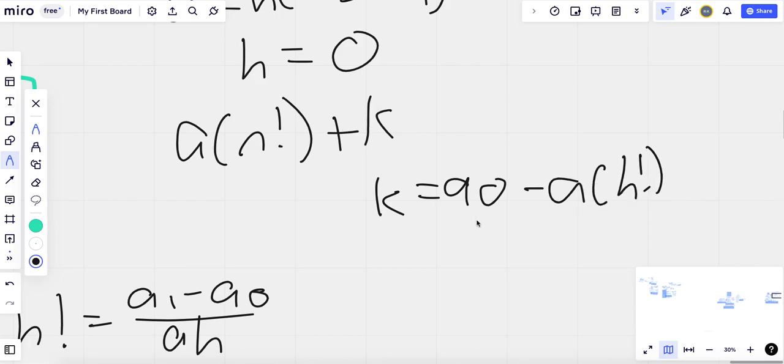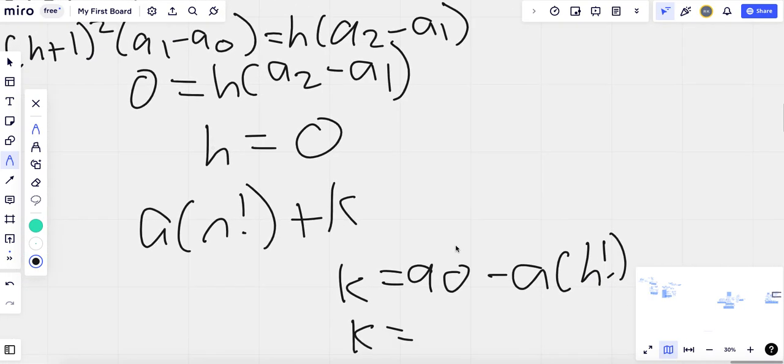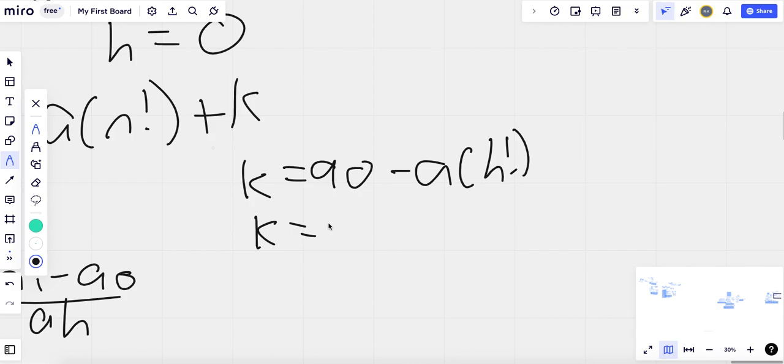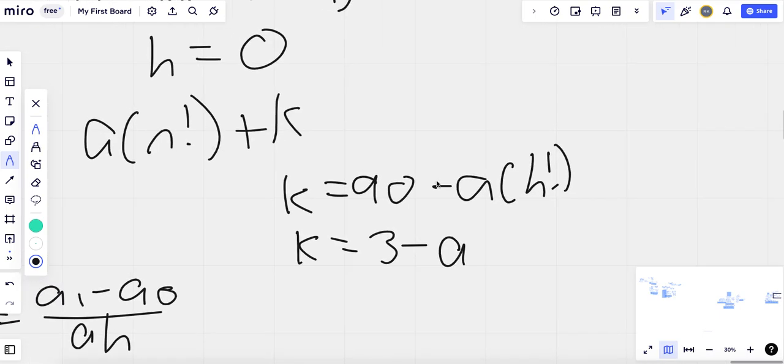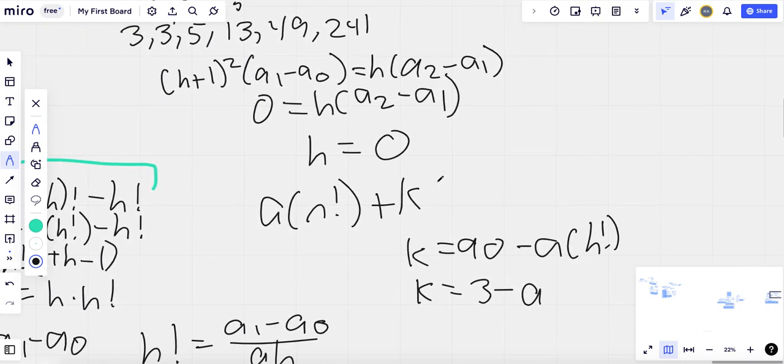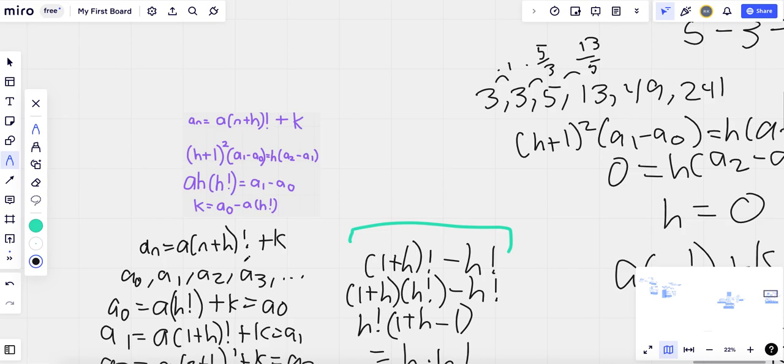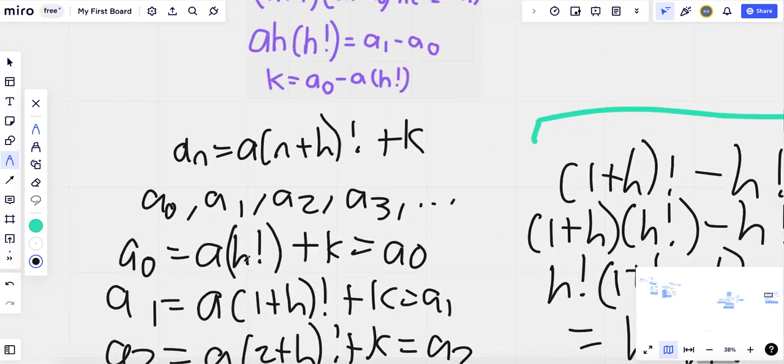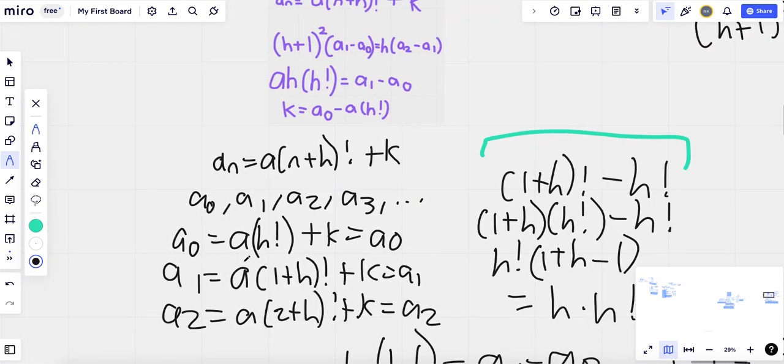And h is 0, so we have k is, and then a0, it would be 3, so 3 minus, and this is just A. And now, how do we find A? The easiest way to find A is to just use systems of equations with these first two.